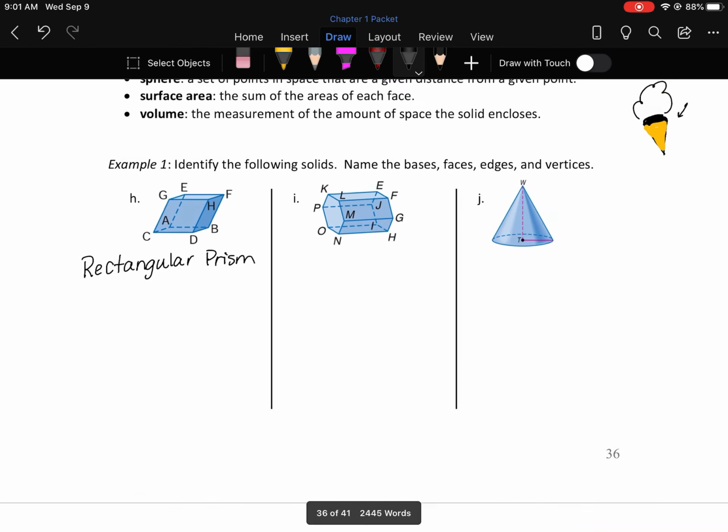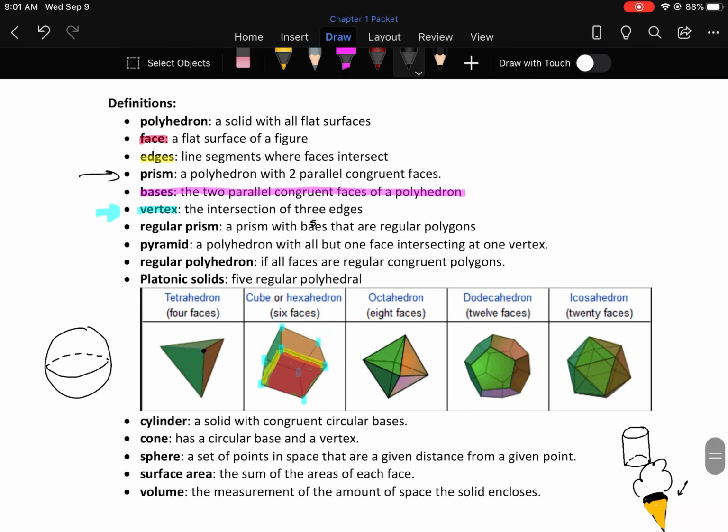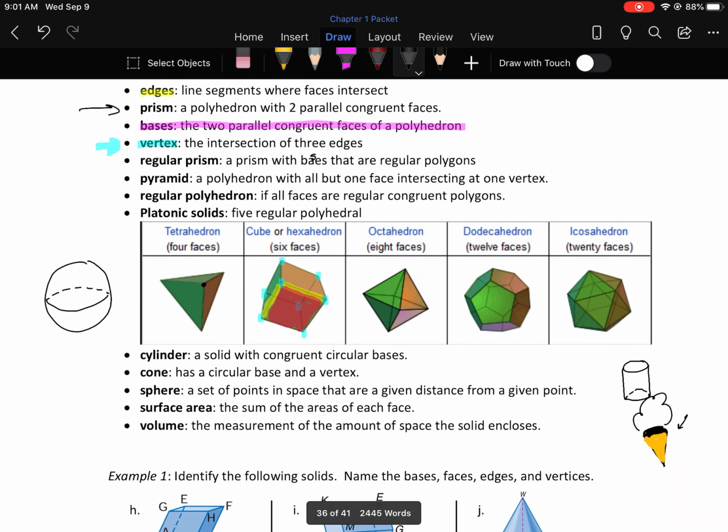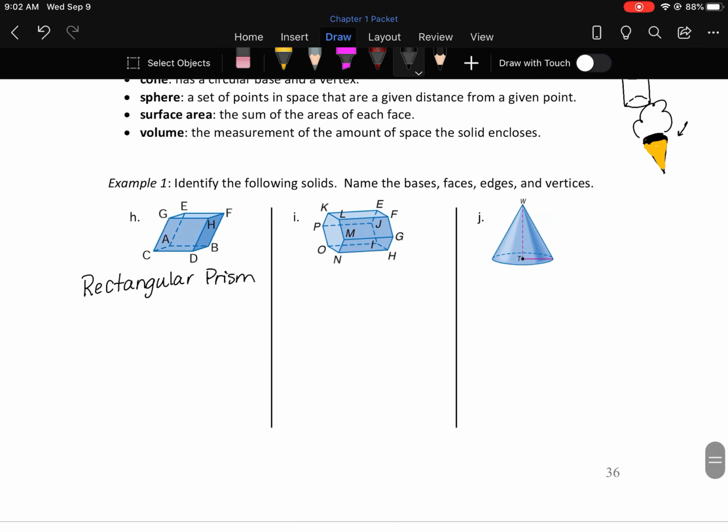And I'm going to go back up here and show you, because a prism is a polyhedron with two parallel congruent faces. All right? It's not a regular prism. We can't say it's a cube because it's slanted, and we don't know that all the sides are the same length. So that's the name of it.